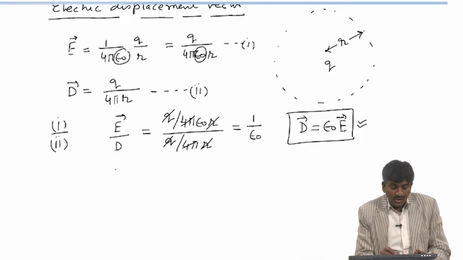We know that divergence E equal to rho upon epsilon naught.